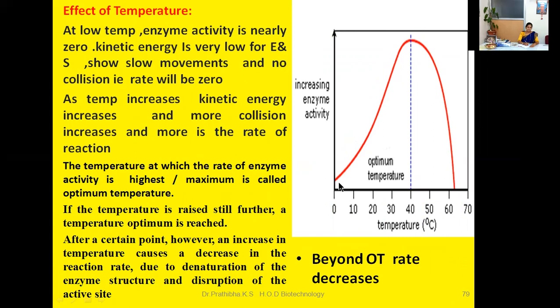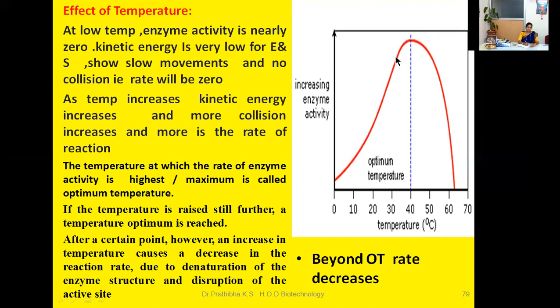Kinetic energy is very low for enzyme and substrate, so they show slow movements and the collision rate is almost zero. When we increase the temperature, as you can see in the graph, kinetic energy increases, collisions increase, and so does the rate of reaction.